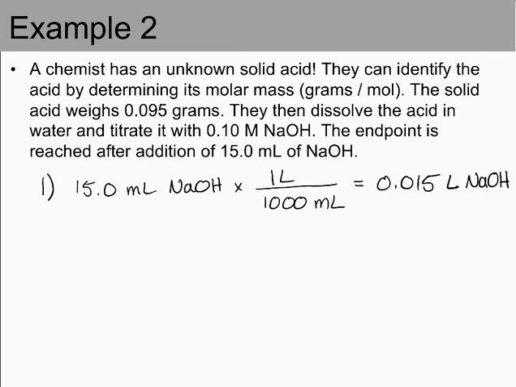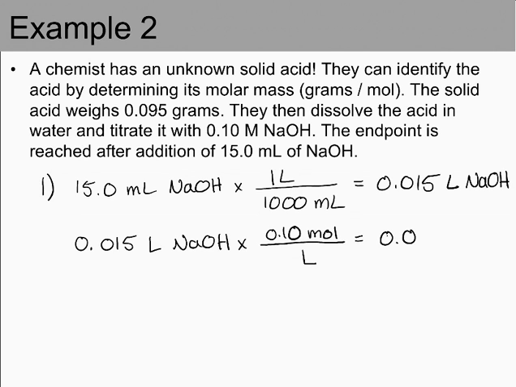So now we can use that and multiply it by our concentration of NaOH to find the moles of NaOH. So we have 0.1 moles per liter. All right, so 0.015 times 0.1 gives us 0.0015 moles of NaOH.